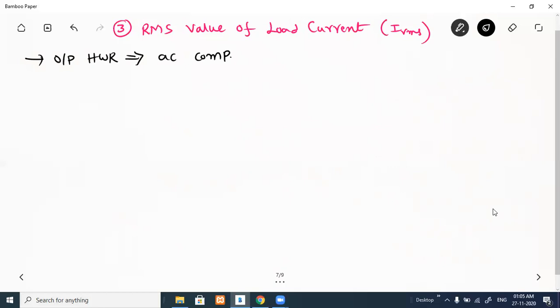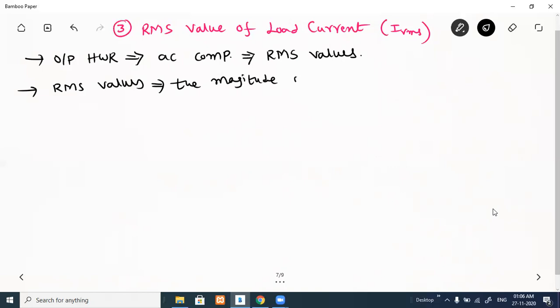So in general, those AC values are expressed by using RMS. With these RMS values, the magnitude of the AC signal can be found out. So in our rectifier output, there is an AC component, and the magnitude of that AC can be obtained by using these RMS values.